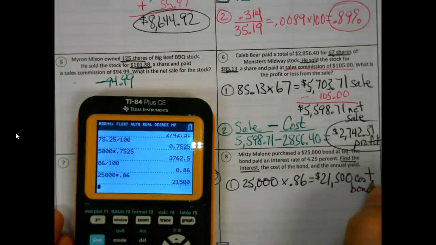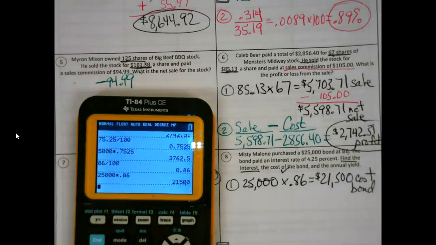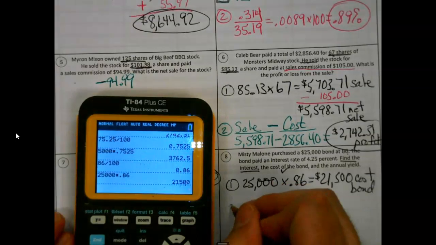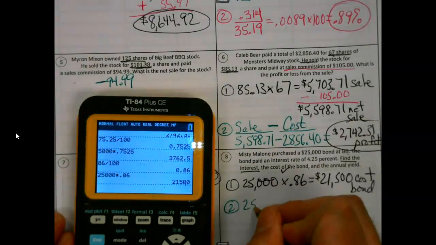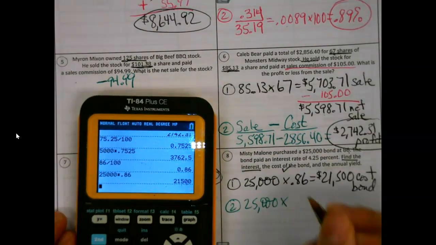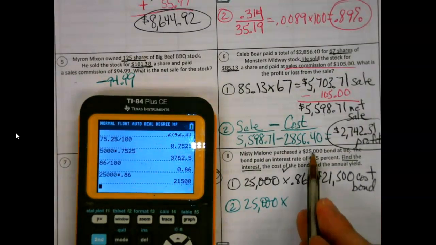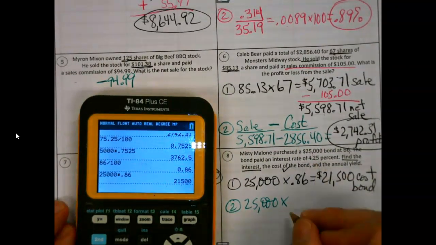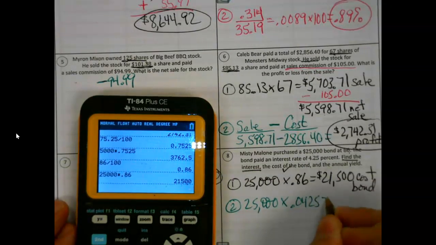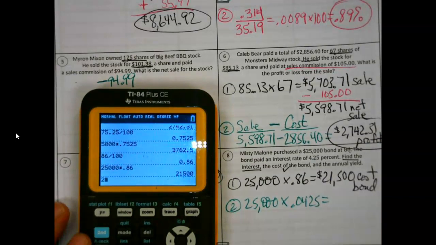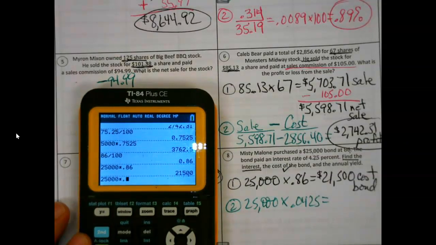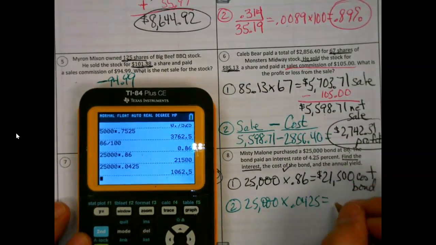So we actually did the second one first. We got the cost of the bond. Even though I could have done the interest first, because to find the interest, that's also on the premium of the bond, the $25,000. We've done so much stuff with decimals and percentages this semester, I don't need to say a whole lot more on how that works anymore.